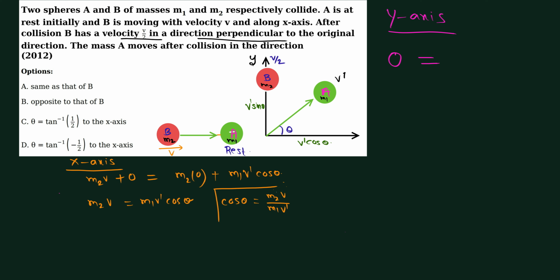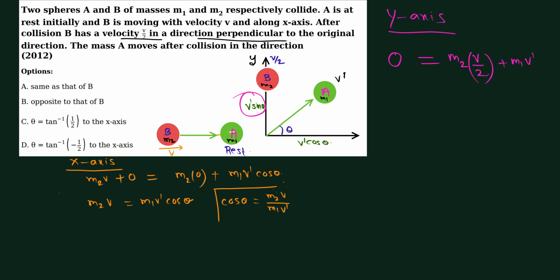After collision, the B ball moves with the velocity v by 2 along the y-axis direction. So the ball B has the mass m2 and it has the velocity v by 2, m2 into v by 2. Now you see the ball A along the y-axis direction, what is its velocity? m1 into v dash sin theta.